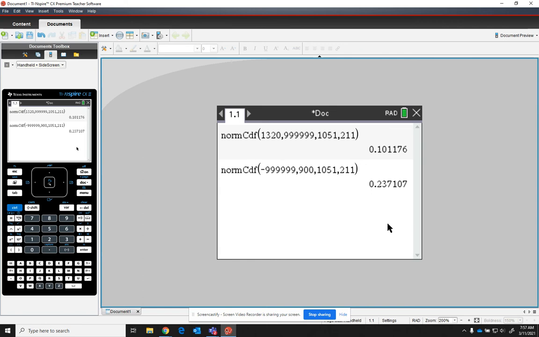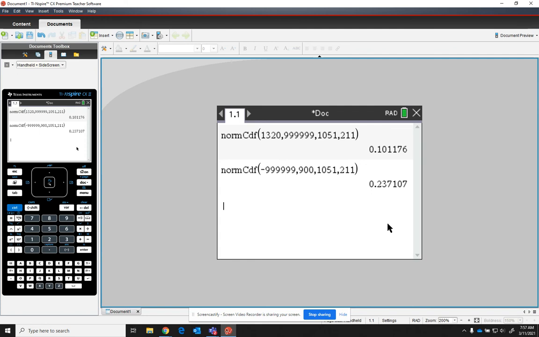And so the next one then, it says between 1950 and 1200. Well, again, that shouldn't be 1950, that should be 950 actually. So I'm going to change this. I want to be between 950 and 1200. So 950 falls on the left-hand side, 1200 falls on the right-hand side.